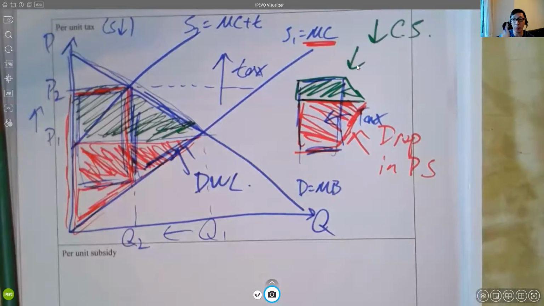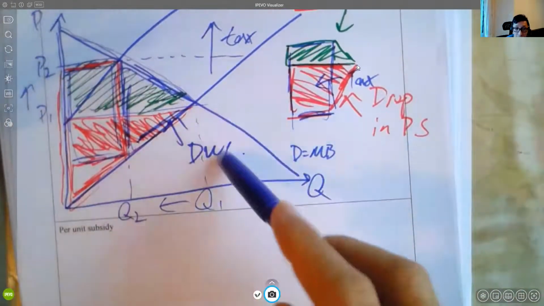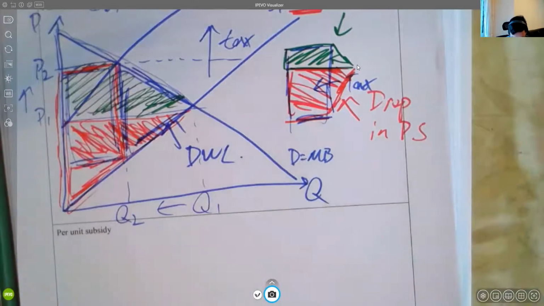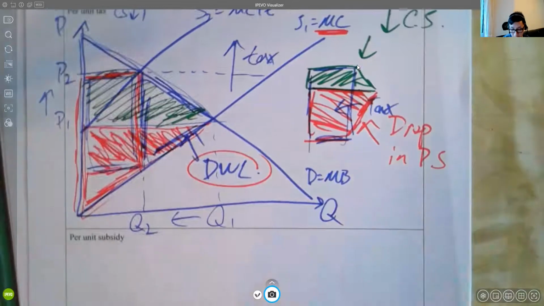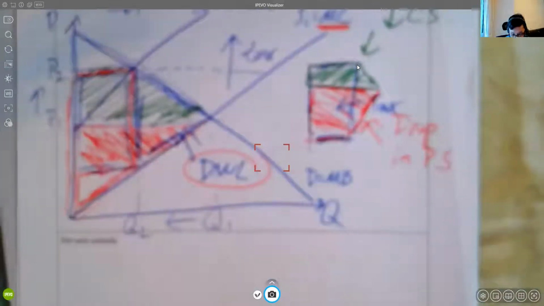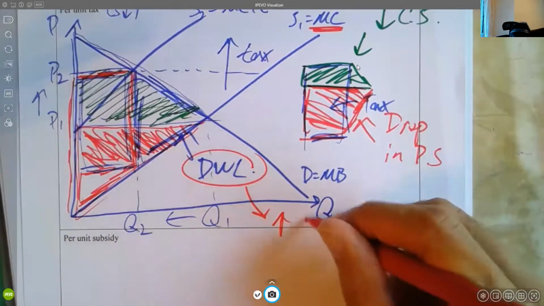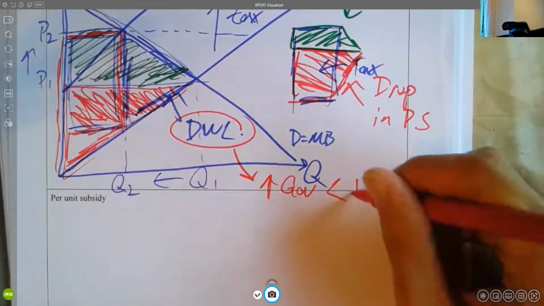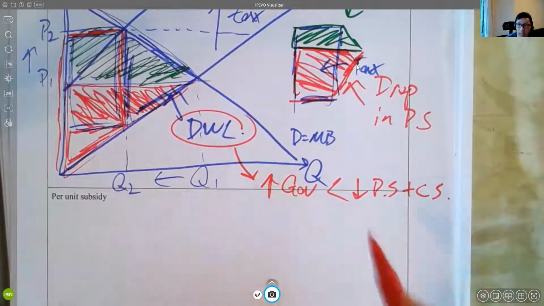How do we write it in sentences? It would be like this. The dead weight loss. Why do we have dead weight loss right now? Because of the per unit tax. The reason is that the gain to the government is smaller than the drop in PS plus CS.